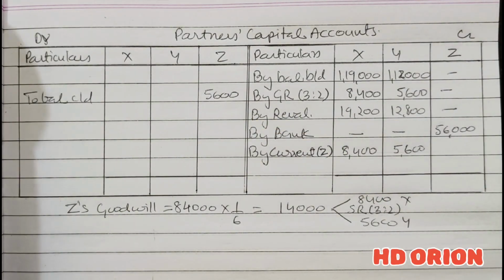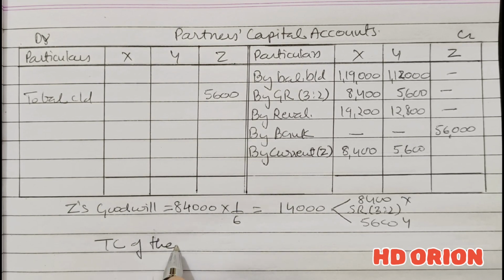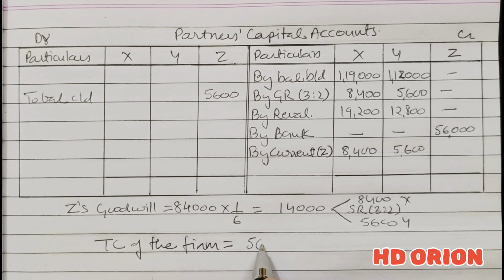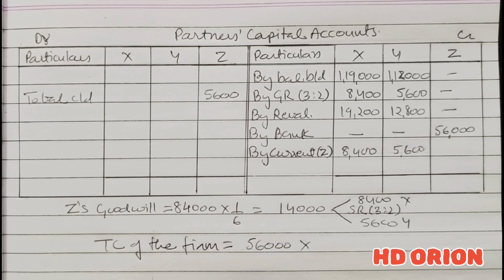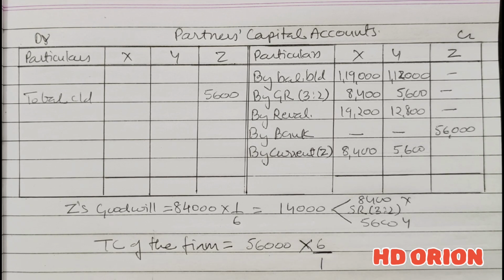Now it is stated in the question that capitals of X and Y will be adjusted on the basis of Z's capital. So total capital of the firm will be equal to Z's capital, that is 56,000, into the reciprocal of his share. Because when 1/6 is 56,000, how much will be the total capital? So we have to multiply it with its reciprocal, 6 by 1.